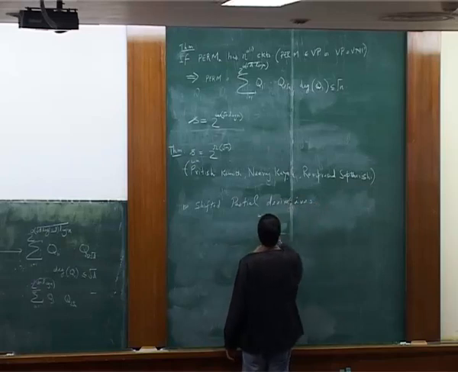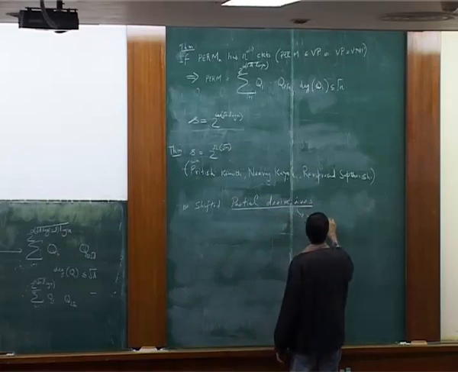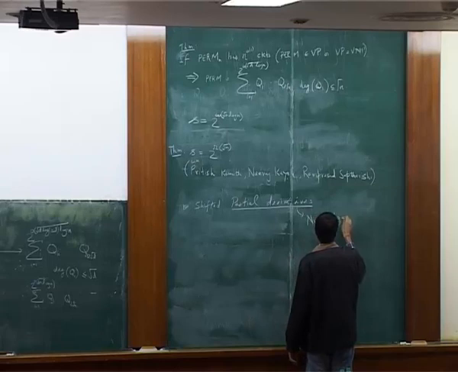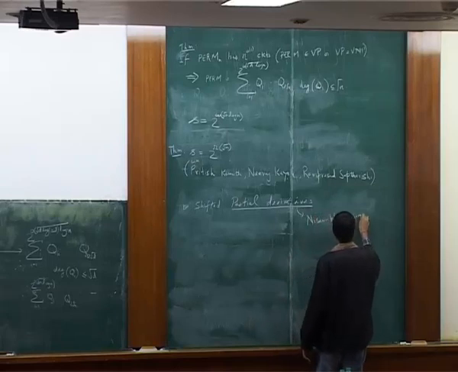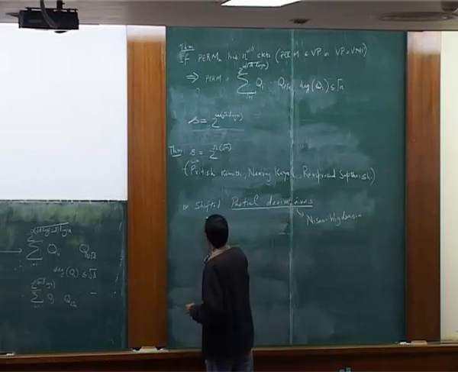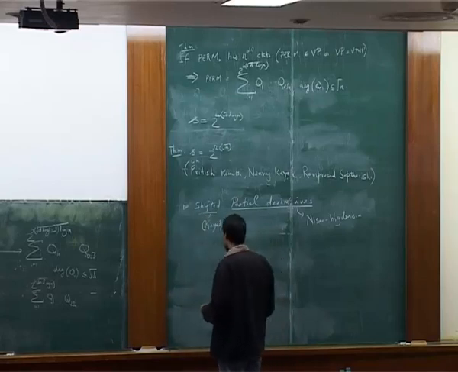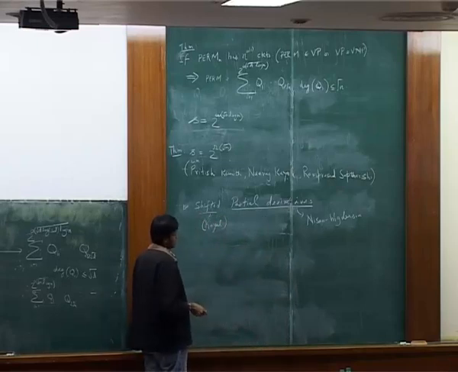Okay, so this particular thing was introduced by Nisan and Wigderson, and then Kayal gave the idea of taking shifts. So what exactly is the complexity measure?